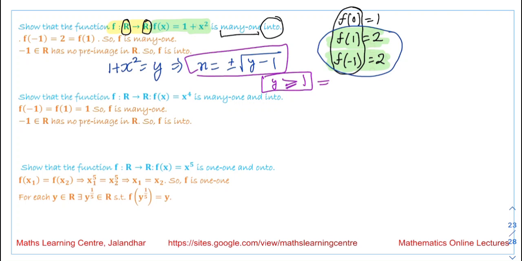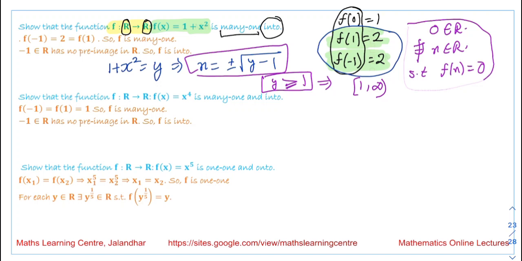This gives us that the range of this function is [1, infinity). So suppose I am talking about an element 0 that belongs to R. There does not exist any element x in R such that f of x is equal to 0.